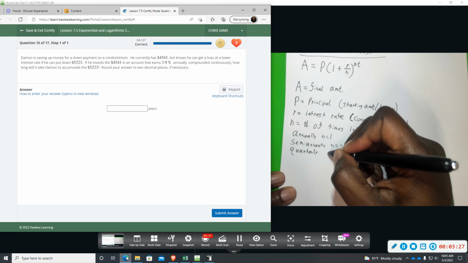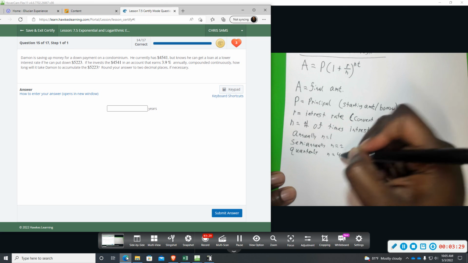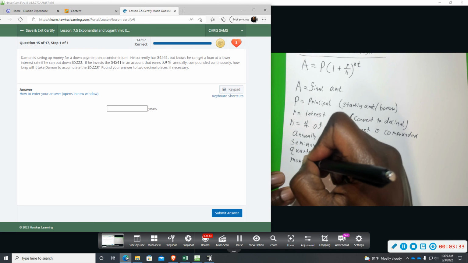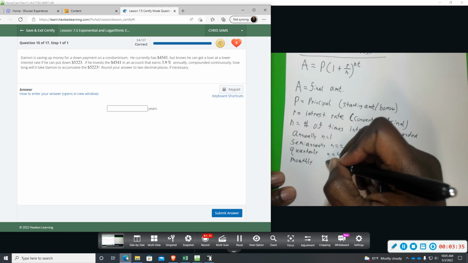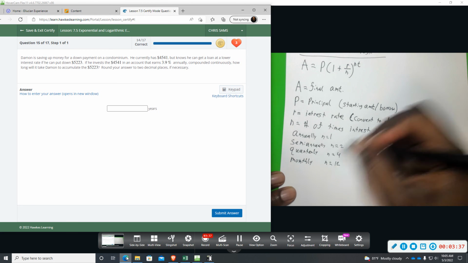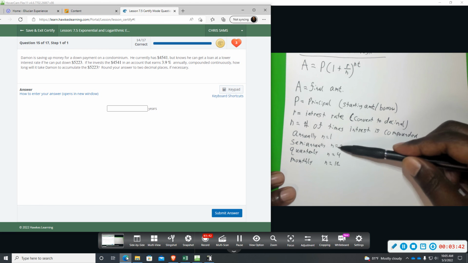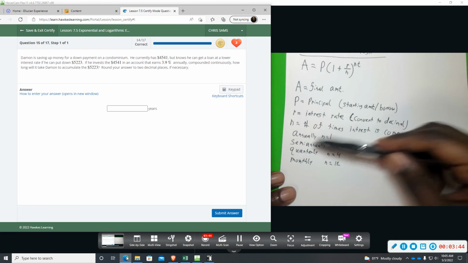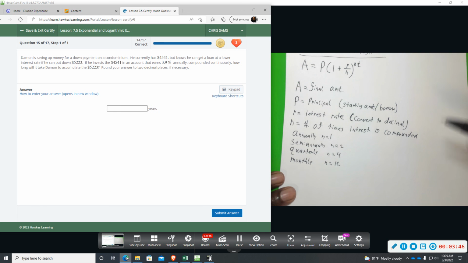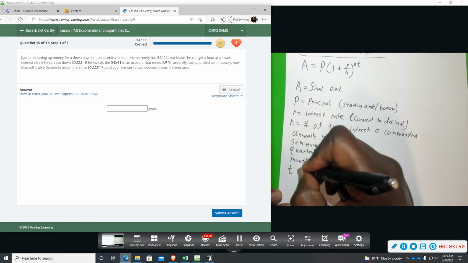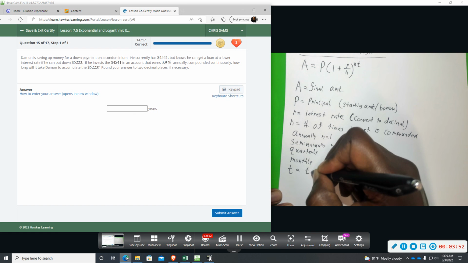That means N equals 4. Monthly, N equals 12. And then there's other ones. They can say weekly, daily, and they will refer to a different value of N, but these are probably the most common. And then T is time in years.